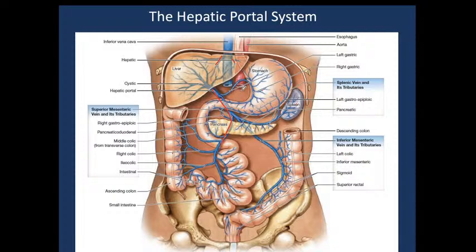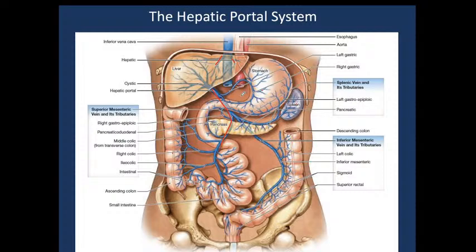As we mentioned before, a blood vessel connecting two capillary beds is called a portal vessel, and the network is a portal system. Blood flowing in the hepatic portal system is quite different from blood in other systemic veins because it contains substances absorbed from the stomach and intestines.